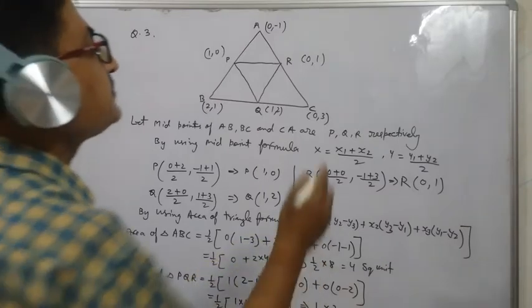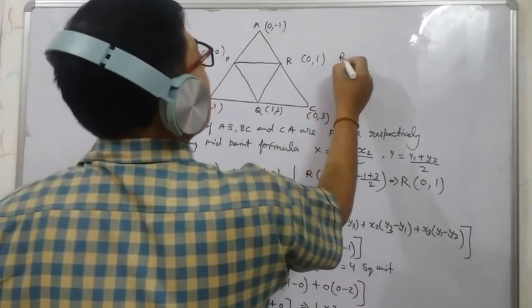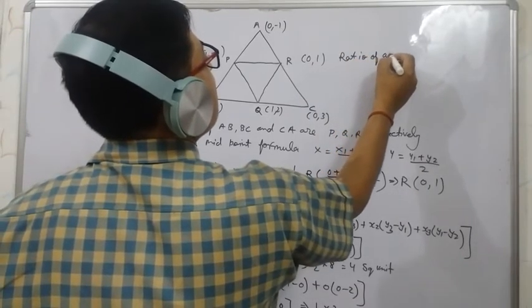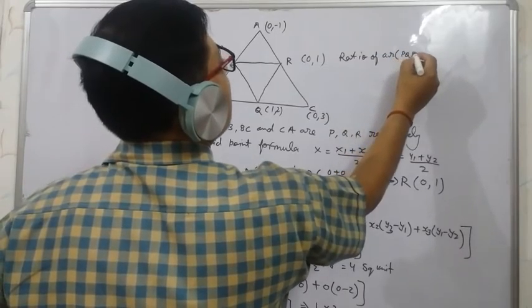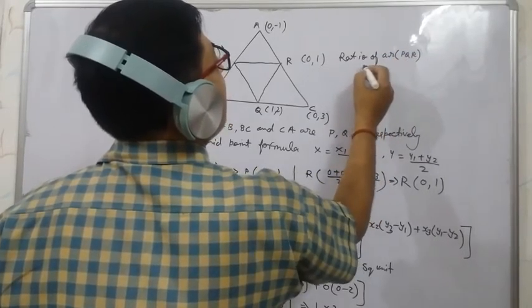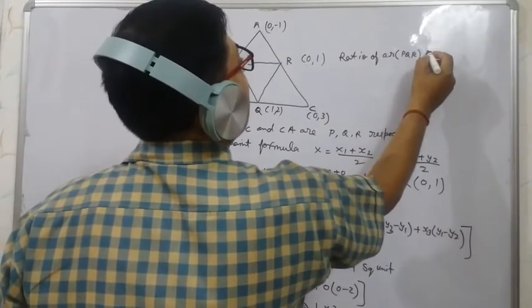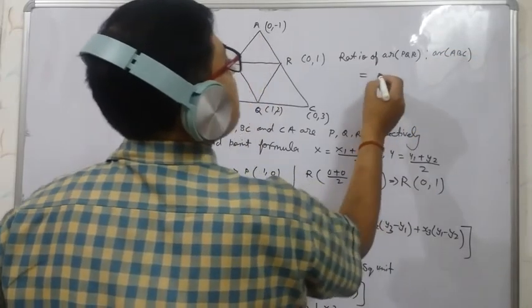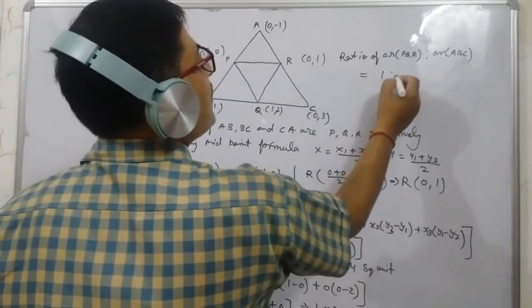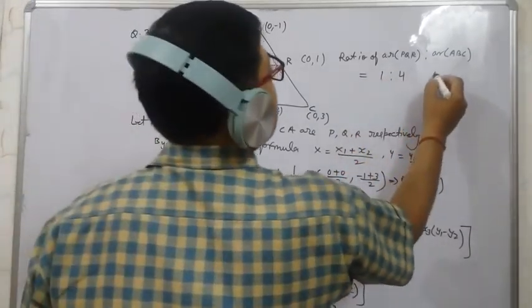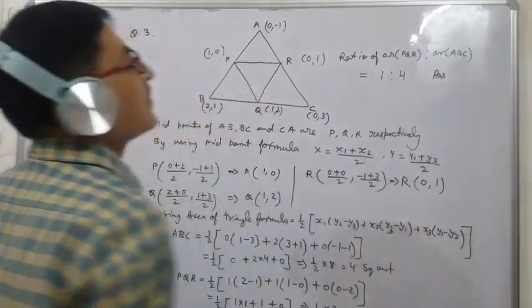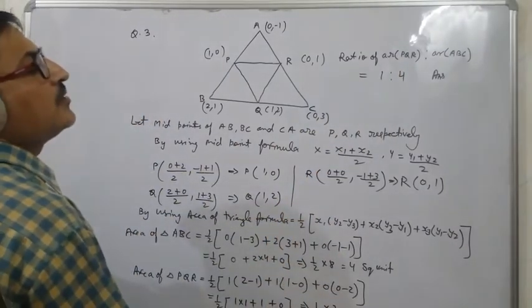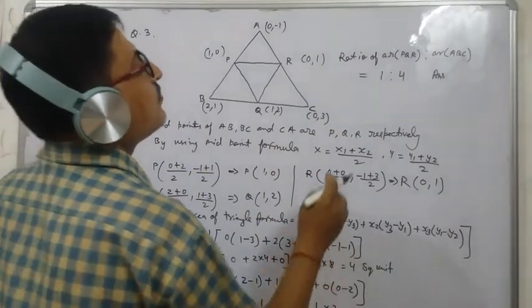The ratio of area PQR to area ABC: PQR is 1 square unit and ABC is 4, so the ratio is 1/4. This is your answer.